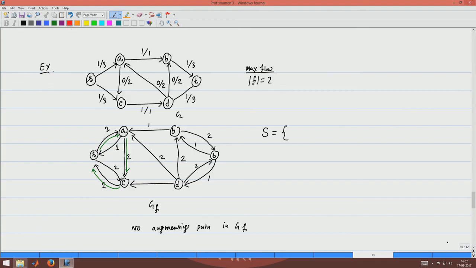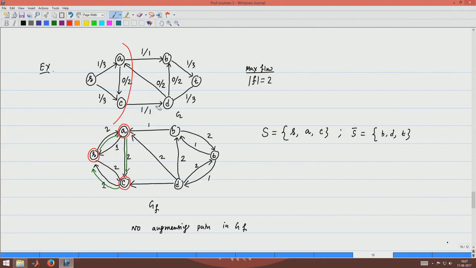So, the source node is S, and the vertices which are accessible from S are A and C. So, the set S consists of these 3 vertices S, A and C, and obviously then S complement is B, D and T, right. And so, the cut is here. So, this is the cut, right. This is S, this is S complement.